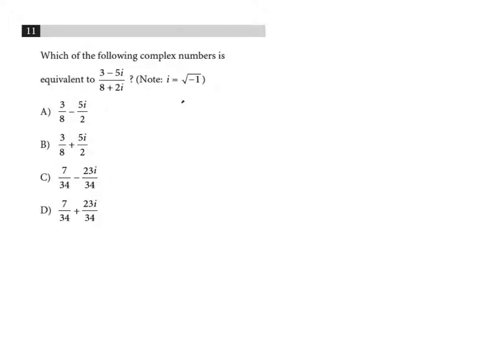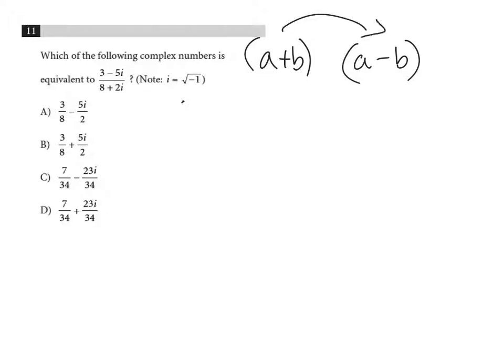And the conjugate of a plus b is a minus b. Okay, and you might see that this looks kind of like a difference of squares. Well, when we multiply out a difference of squares, we end up with a square term minus another square term.